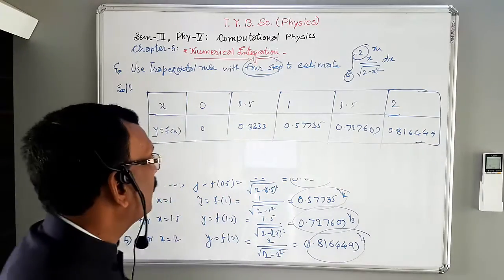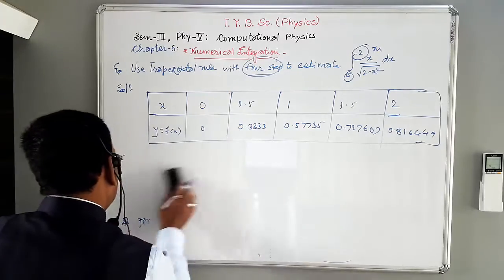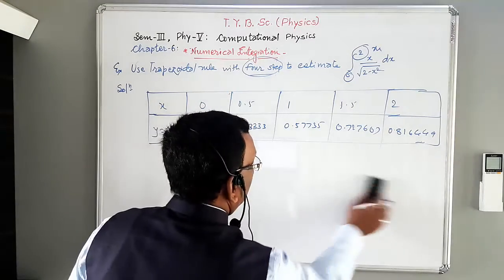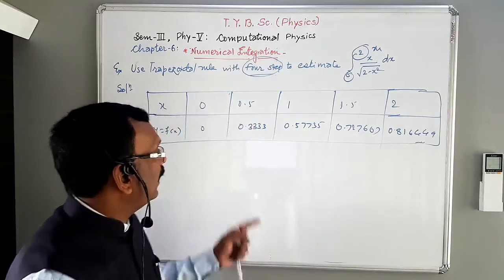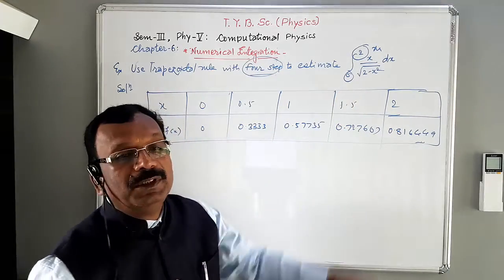This is the tabular form, and from these values, by using the trapezoidal rule, we can estimate the value of this integral.